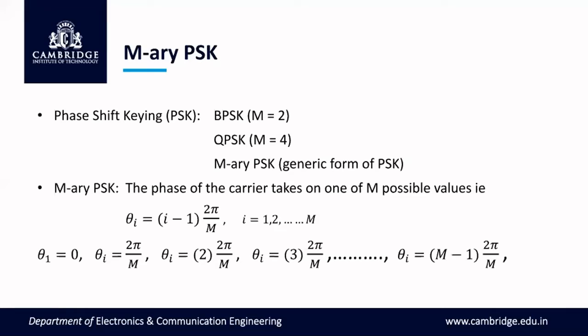At that time amplitude variations will occur. The envelope of the signal changes. Even though the envelope changes, at the receiver we don't give importance to it because we are not interested in amplitude variations of the transmitted signal through the channel. We are interested only in the phase of the received signal.